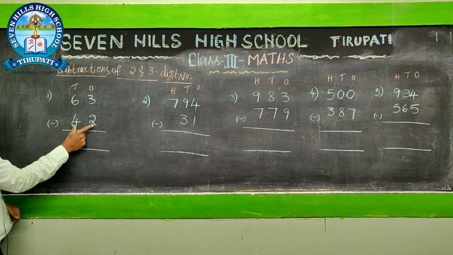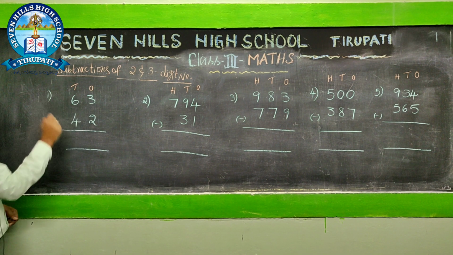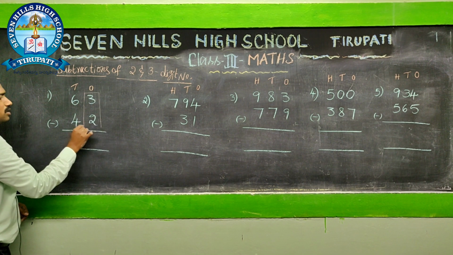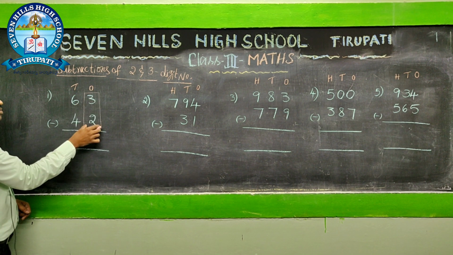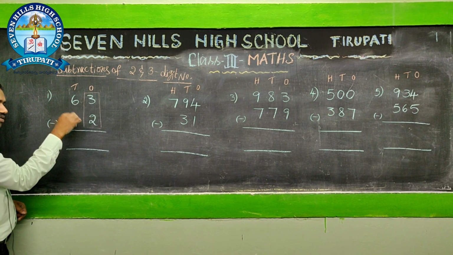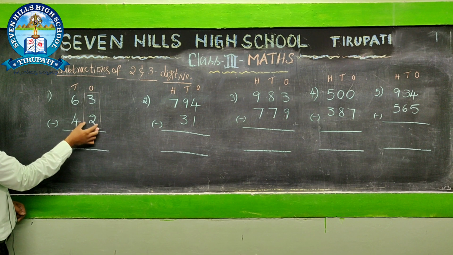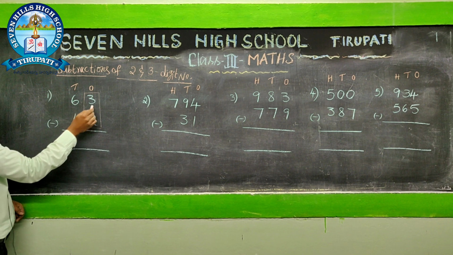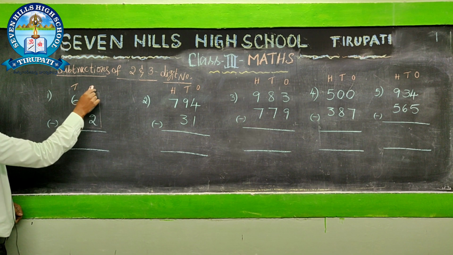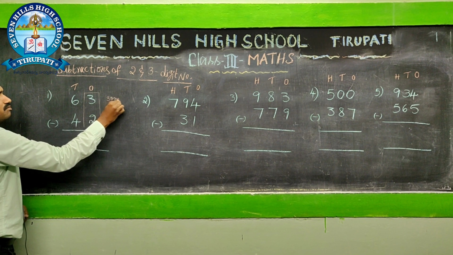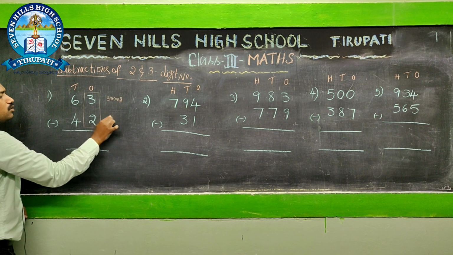Here you first subtract the ones column, after that the tens column. So here 3 ones is there and here it is 2 ones.